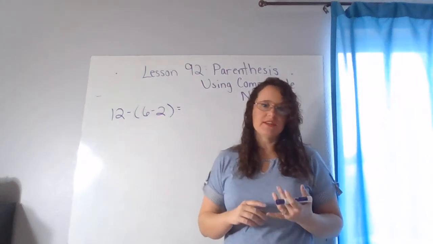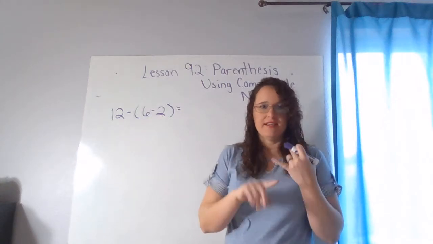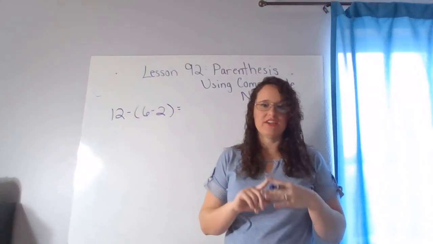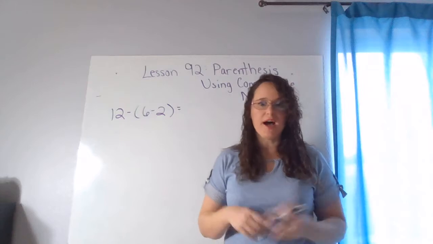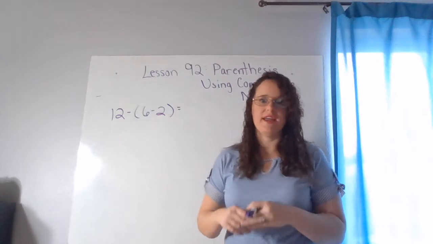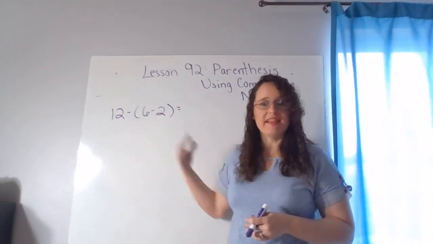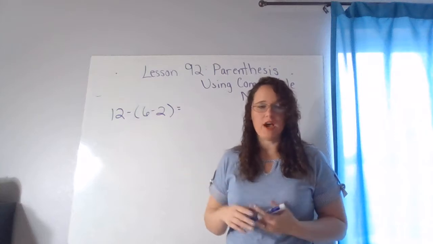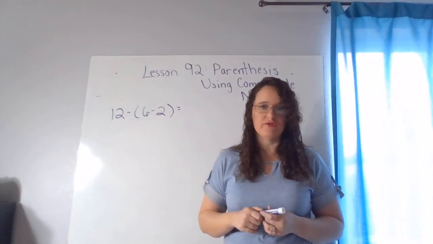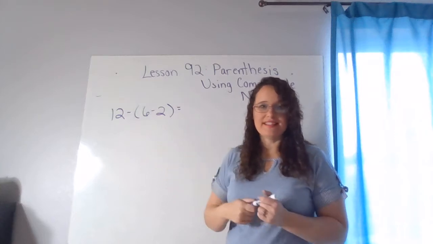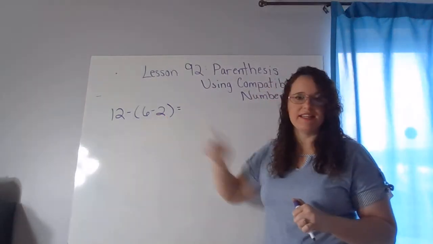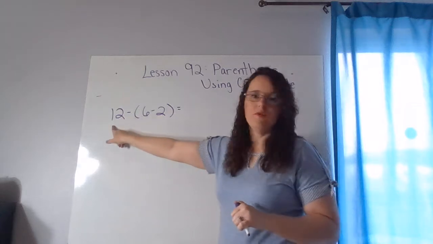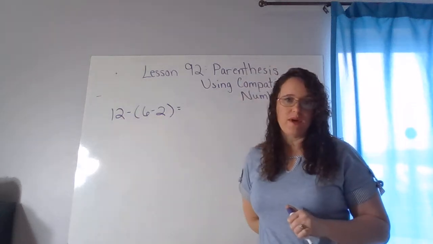So you've heard me use this word before, but in math, addition, subtraction, multiplication, and division, those are called operations. They are operations that we perform on numbers. The parentheses tell us which operations we should do first. So in this example, this problem wants us to figure out what is 6 minus 2 before we subtract from 12.